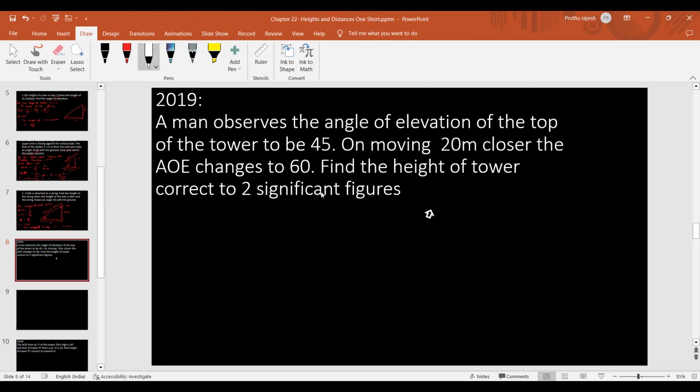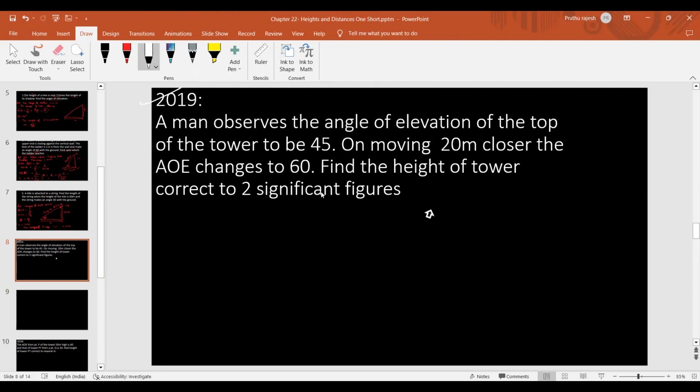This is a board question. So let us see how we can analyze this question. A man observes the angle of elevation of the top of a tower to be 45 degrees.